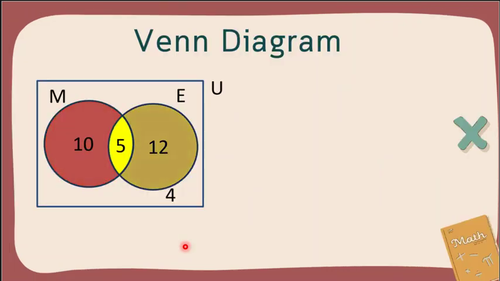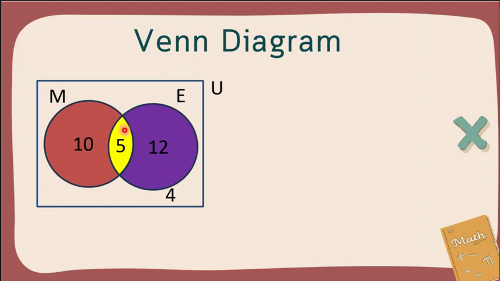Okay, the first part we want to look at is the red part. You see that the red part shows the maths only. Even though all of these people do maths, the red part shows maths only. Then you can talk of the yellow part, which shows the intersection of maths and English.